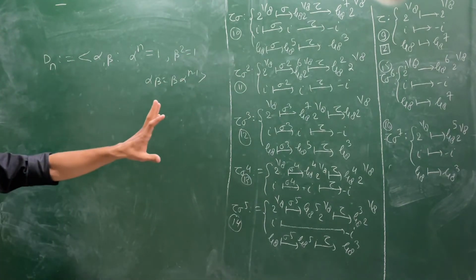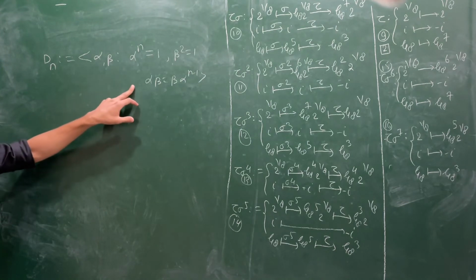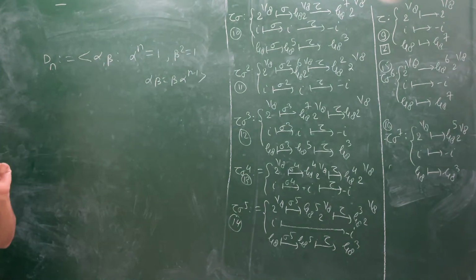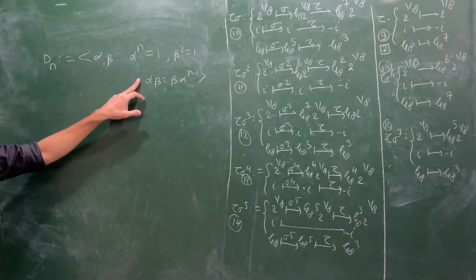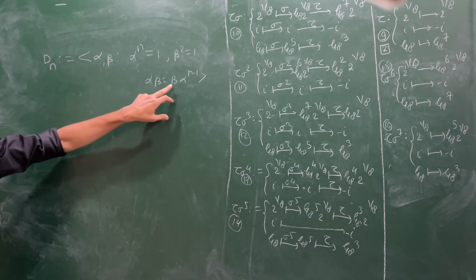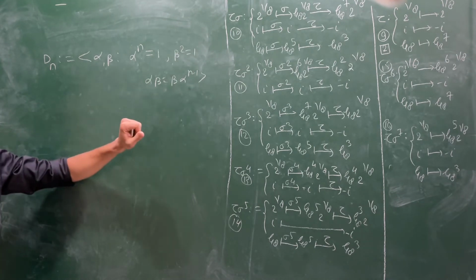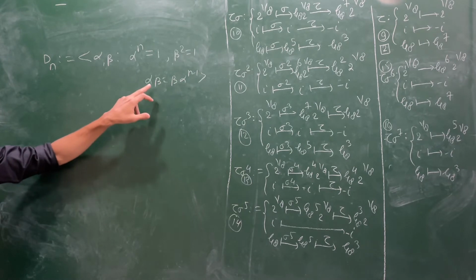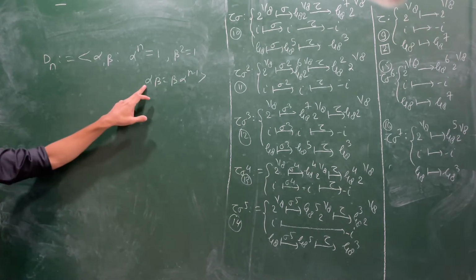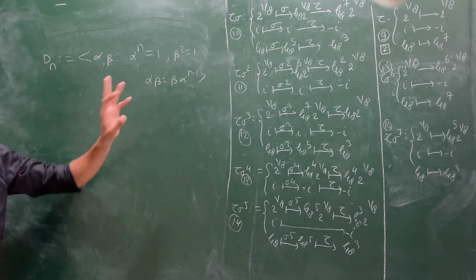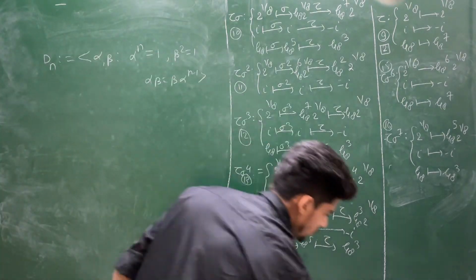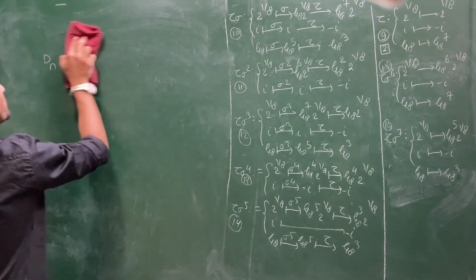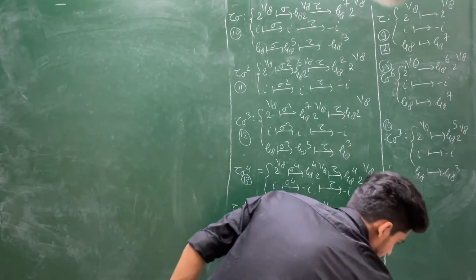We will observe very soon. We lose this property, but we have some related property. Here we have alpha beta is the same as beta alpha to the power n minus 1. You can think of beta as your tau element and alpha as a sigma element, but we do not have this property here. So to observe this, let's observe this.